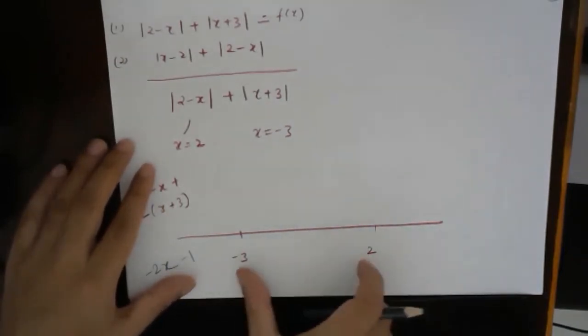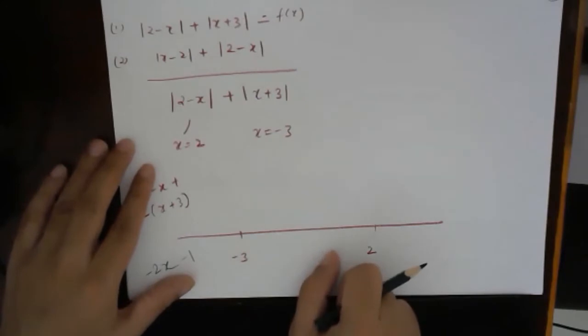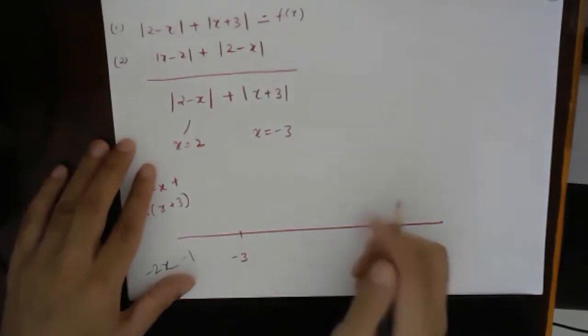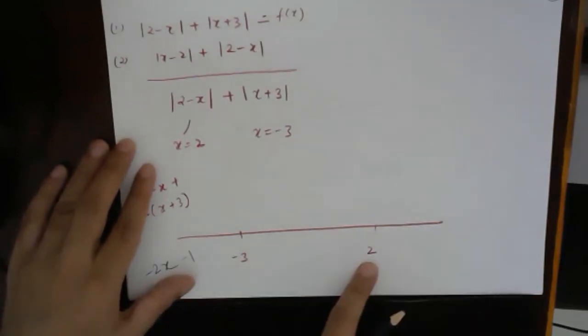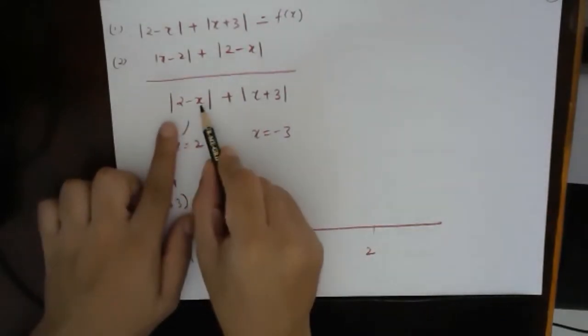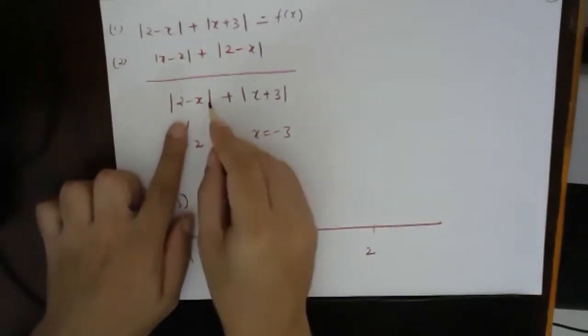Yes. Now between minus 3 and 2. Okay, I've seen. Shakti, that is correct, and Ashwin, it is correct. Yeah. Next is between minus 3 and 2. I can take 0. 2 minus 0 is positive, so this will open with a positive sign.